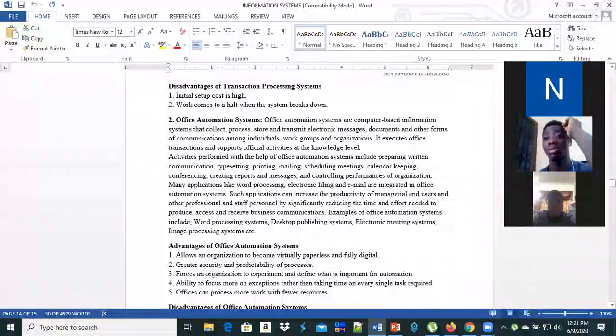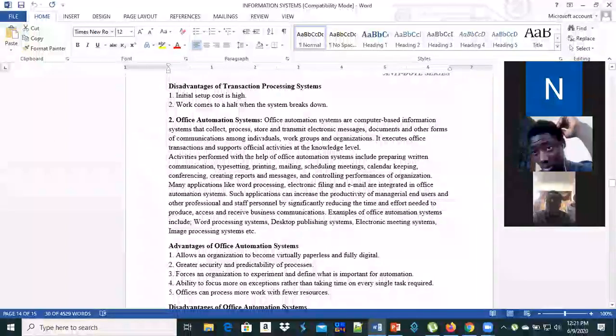But in a clumsy organization, there are some organizations here in Ghana, you have a system which needs a lot of people working on it separately. You have two or more people just working on that same system at the same time. So you have a system doing the transaction, and that same system doing the office automation work that is supposed to be done at a different level.